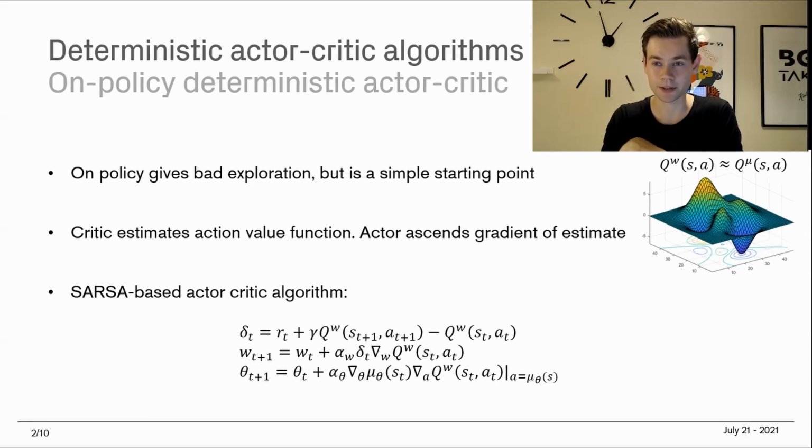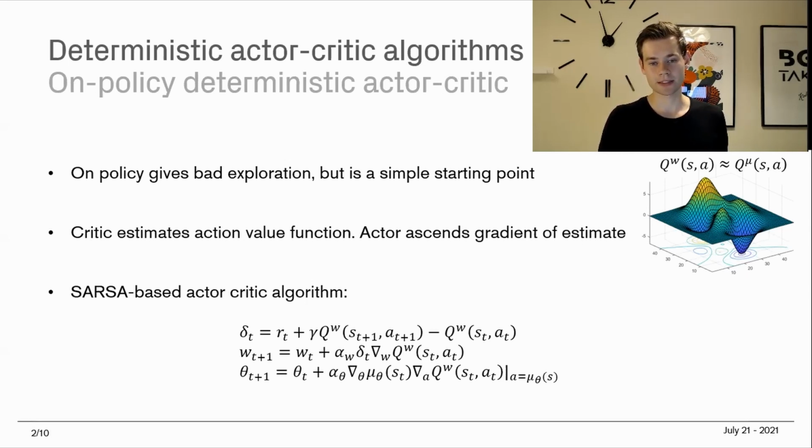So we have a parameterized function approximator that tries to capture the shape of this actual Q value function, which we at the start don't know. And then it's the job of the critic to optimize the parameters such that we climb this slope.